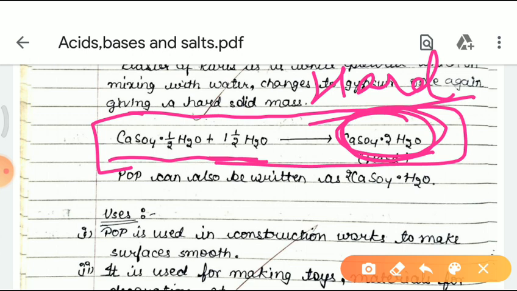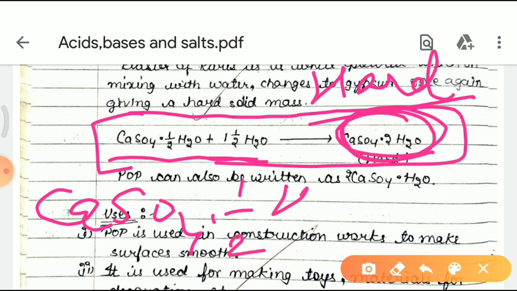As we know that everything is exposed in the atmosphere, and in the atmosphere water vapors are present. Right? Similarly, if we leave this plaster of Paris in the open, then it may absorb the water vapors, right? If calcium sulfate hemihydrate or POP is placed in the open, then it may absorb the water vapor from the atmosphere, and if it absorbs the water vapor from the atmosphere, then it can be converted into gypsum, or it can become hard.